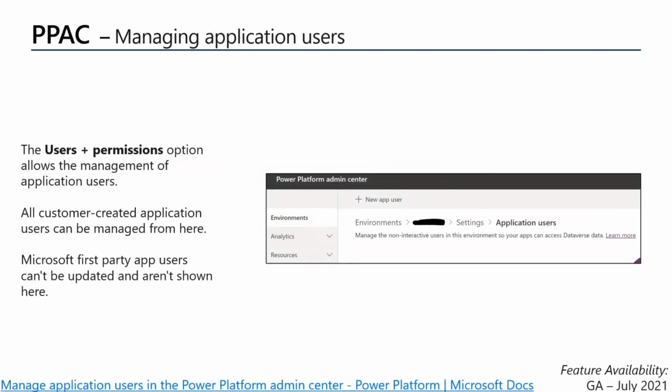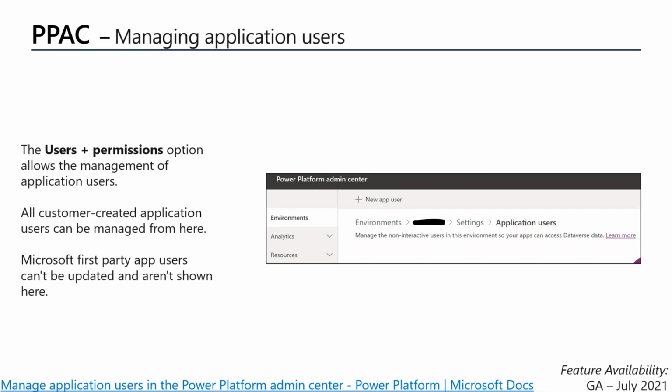On the application users, we have here the Users plus permissions option that we already have in Power Platform Admin Center, and this will now also allow you to manage the application users.